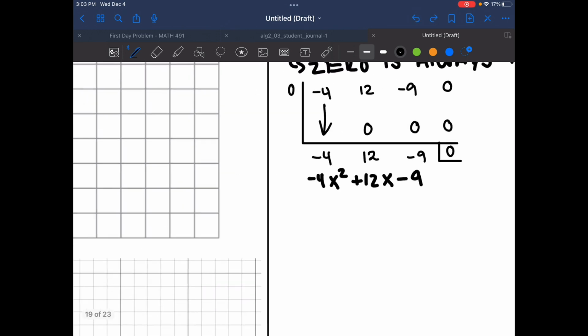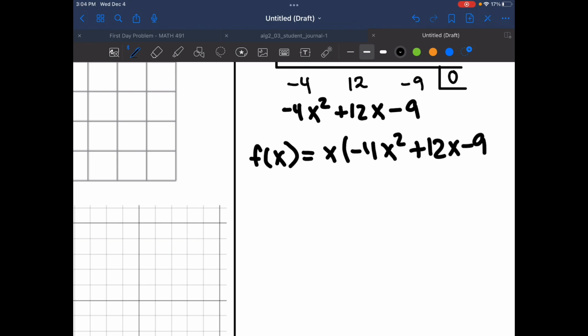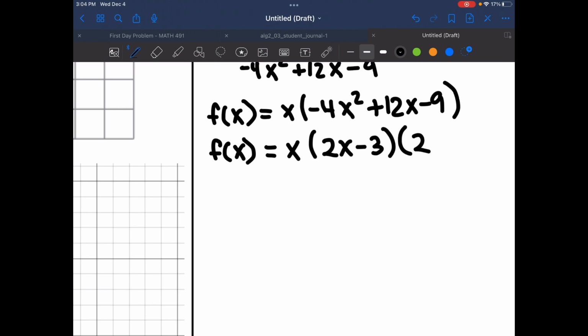So I'm going to rewrite that here. My original polynomial, we'll call this f of x because that's what it was called earlier, is equal to x times negative 4x squared plus 12x minus 9. I'm going to go ahead and factor what's on the inside, and you will get f of x equals x times (2x minus 3) and (negative 2x plus 3).